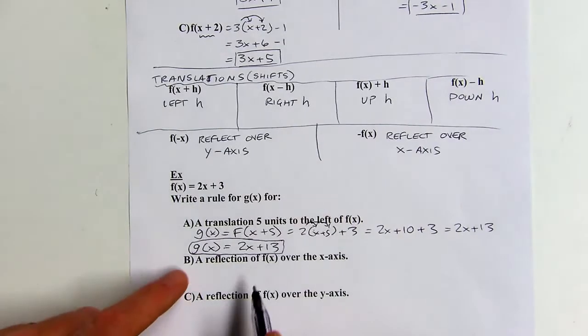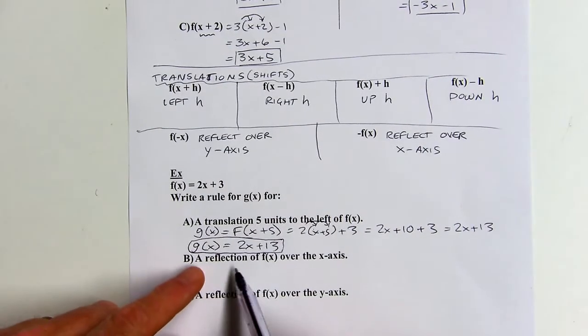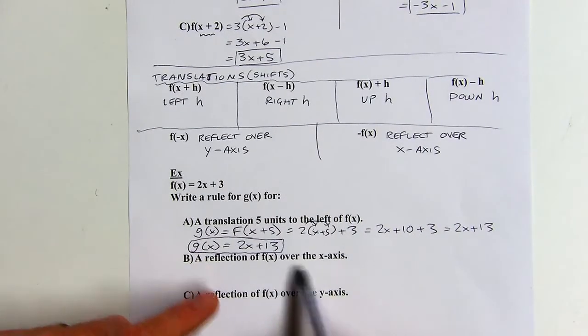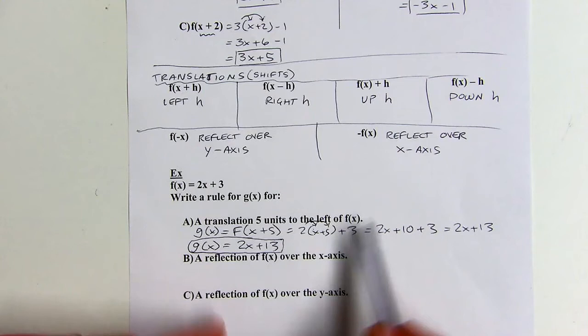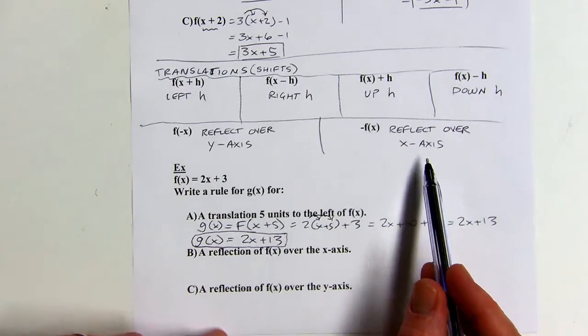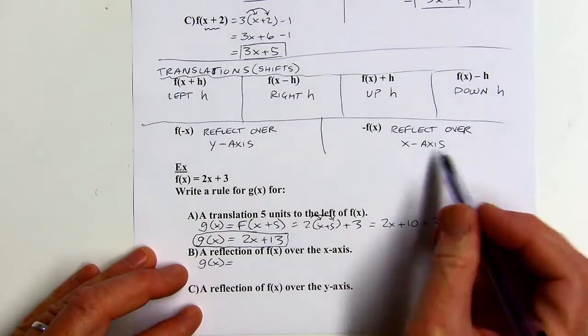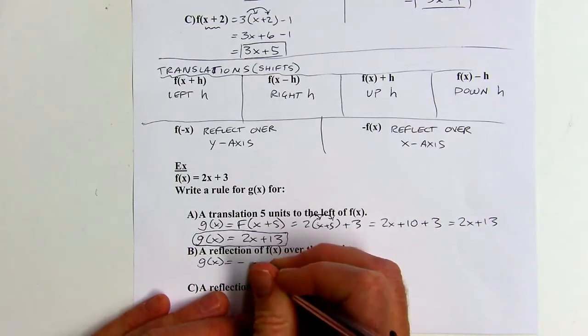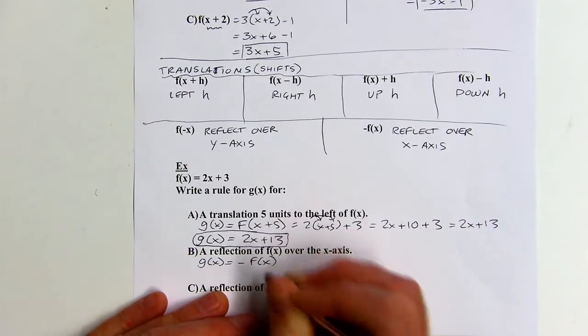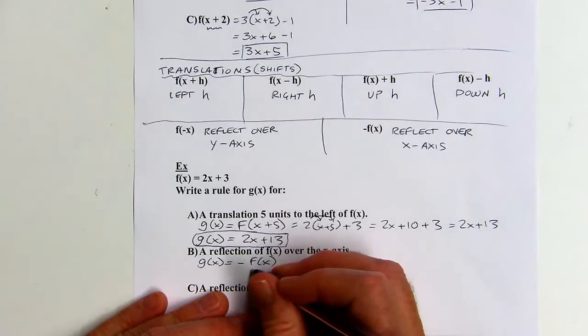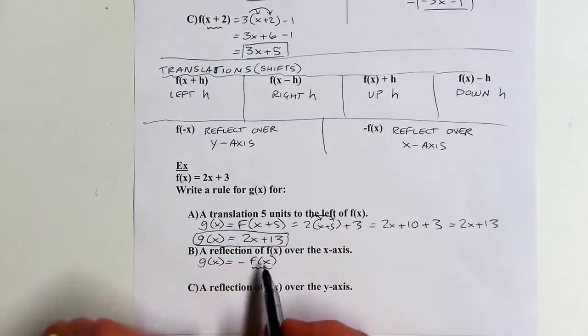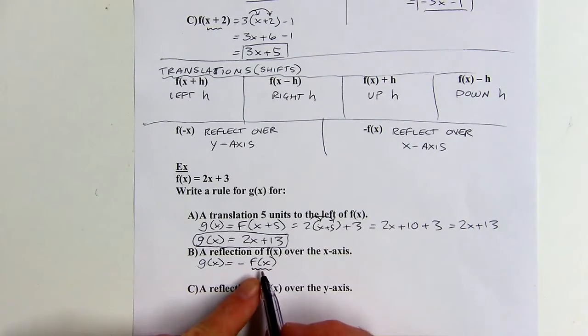Okay, now let's do a reflection of f of x over the x-axis. Going over the x-axis, this is what we got. So g of x is going to be the opposite of f of x. Then I'm going to substitute.